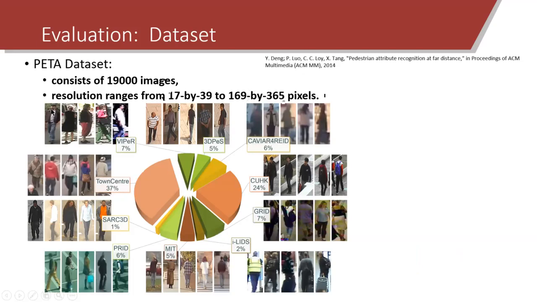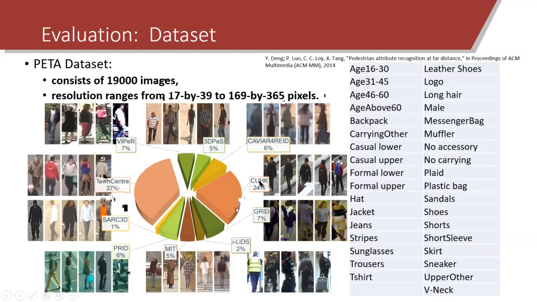This dataset actually contains images from various other datasets: the Town Center dataset contributes 37%, CUHK around 24%.